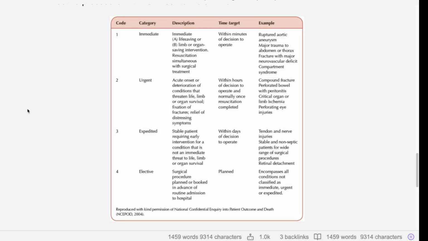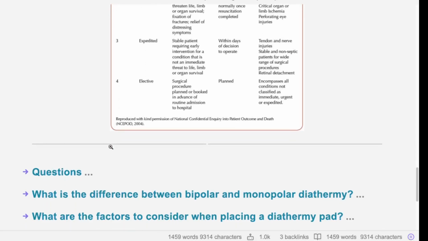The patient is stable, requiring early intervention. This can be elective cancer treatment, patients with tendon repair, and stable non-septic patients as well. Elective cases, I'm sure you all know what that means. This is the National Confidential Enquiry into Patient Outcome and Death, or NCEPOD.